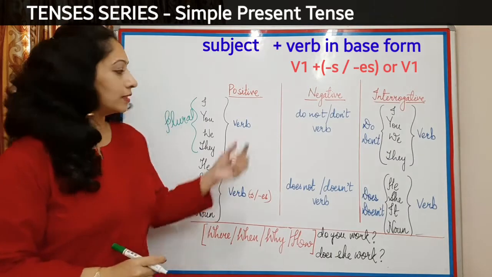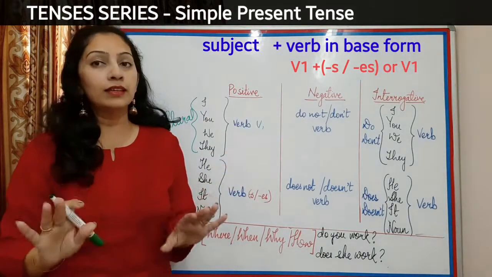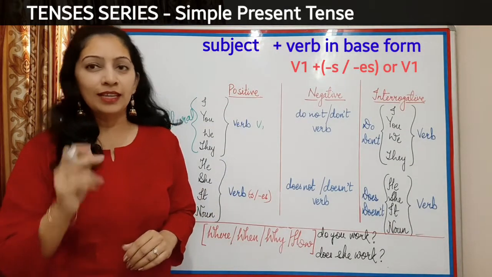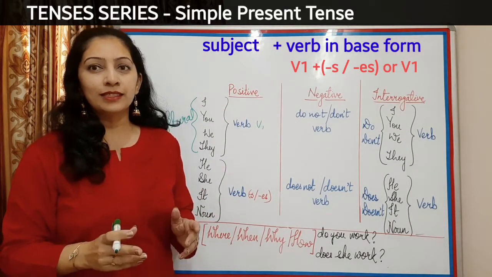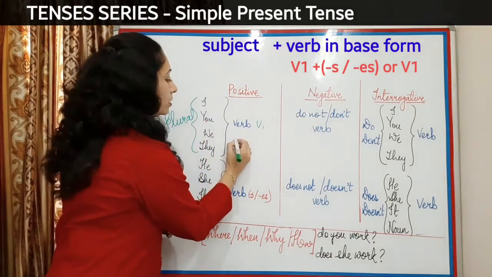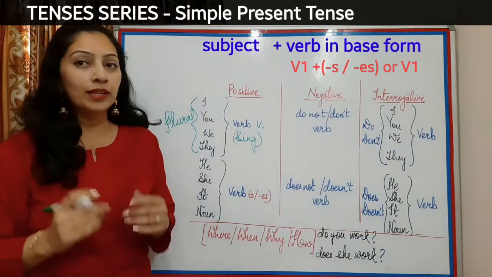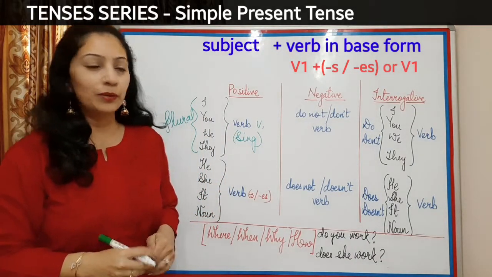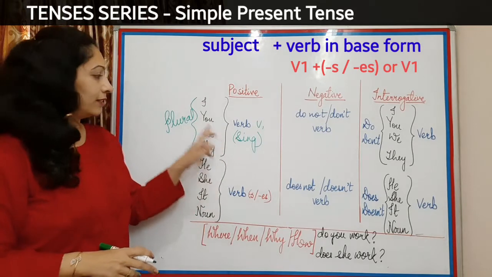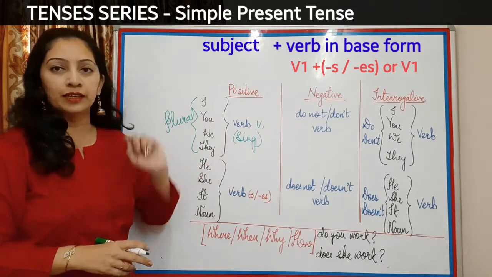Plural form in the sense that it will only be in the V1 form, nothing attached to it. Let's take an example of the verb. Let's say sing. Okay, so if I use the verb sing here, how will I make a sentence in present simple now? I sing, you sing, we sing and they sing.